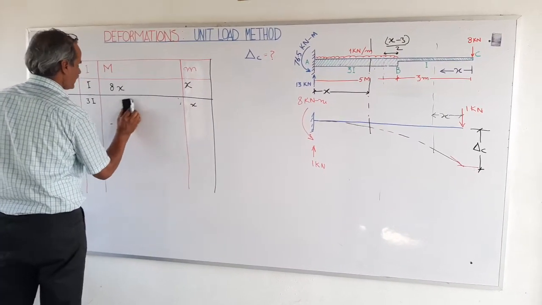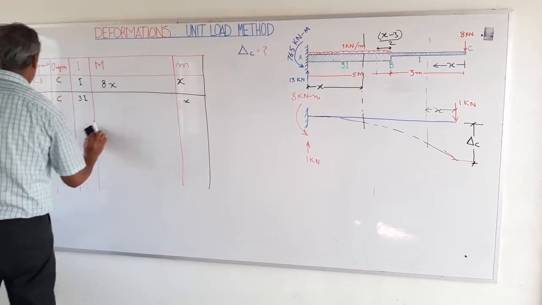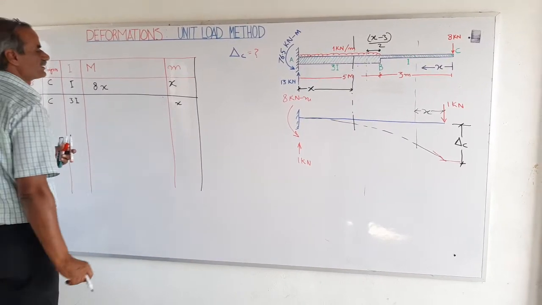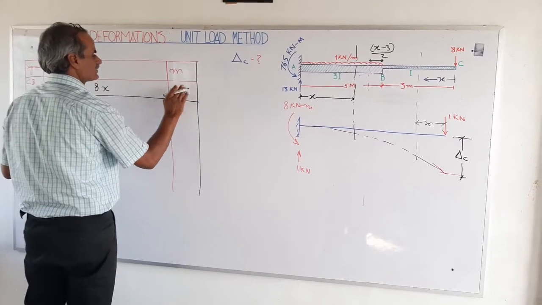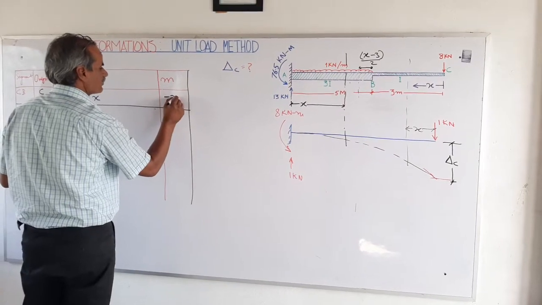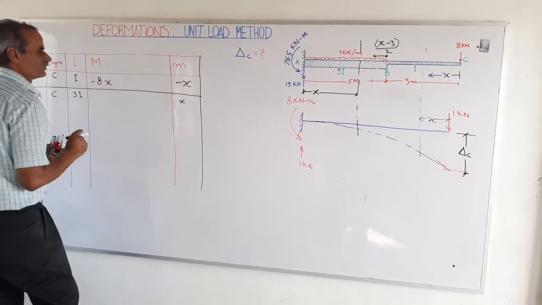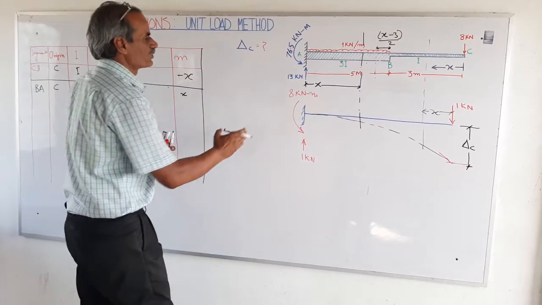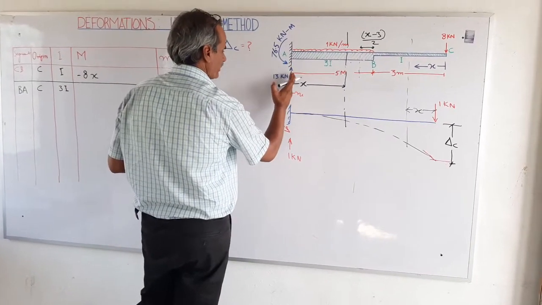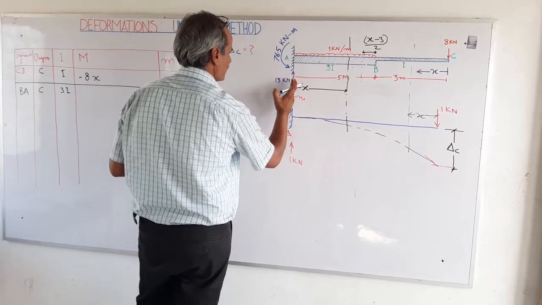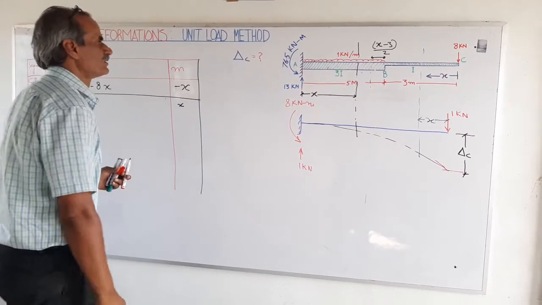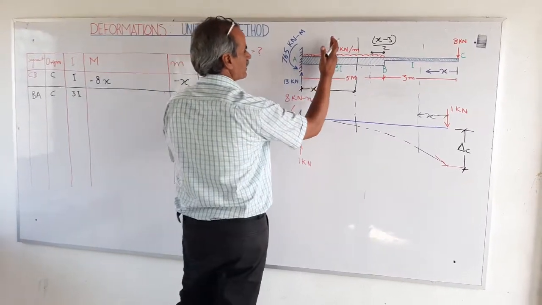Also, the hogging and sagging moments, we will have to consider those signs. For hogging, we have to give a negative sign over here, and if we originate our ordinate from this support A, then the transverse forces are three.